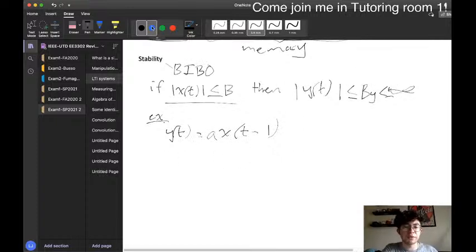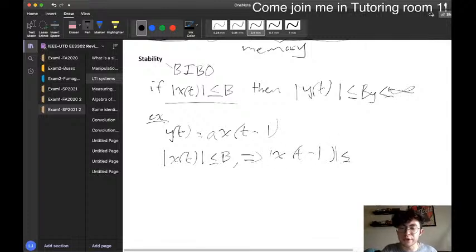If we assume that x of t is less than or equal to b for all t, then we also know that x of t minus 1 is less than b, because it's the same signal, just shifted over.